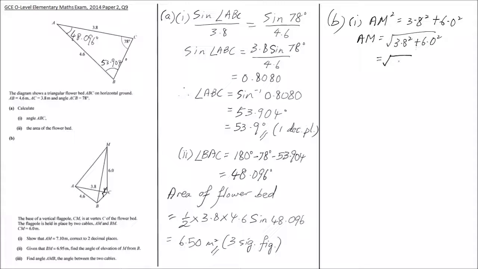The sum of the squares gives us the value 50.44. And when you find the square root, you will get the value 7.1021. When rounded to 3 significant figures, you get the answer 7.10.